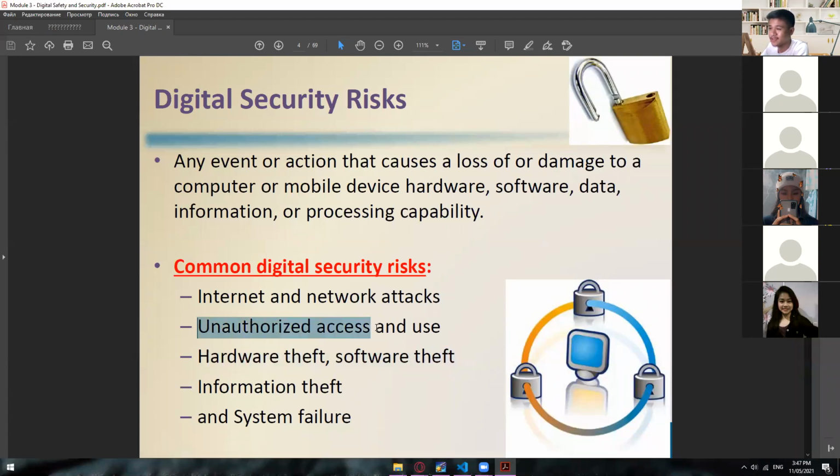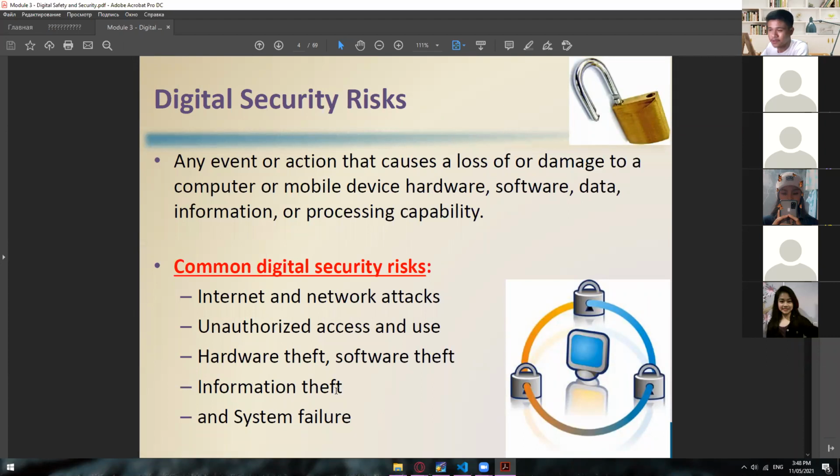Second is unauthorized access and use, wherein it could be someone outside your network accessing your computer, or someone within your house using your computer without you letting them. We also have information theft, which is very common, especially if your computer is not secured.